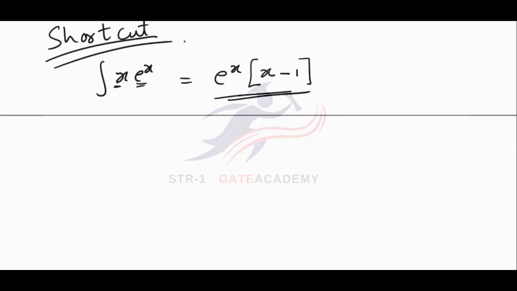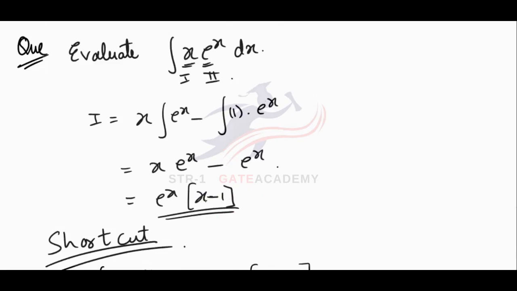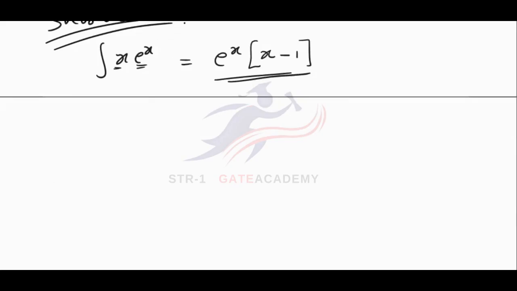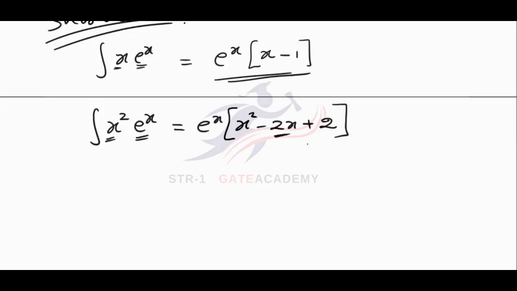That's it. You can check your answer. Let me give you one more example. Let's say integration of x square e raised to x. You put e raised to x into x square, minus derivative of this, which is 2x, plus, alternate minus plus, derivative of this will be 2. That's it. You can solve it.